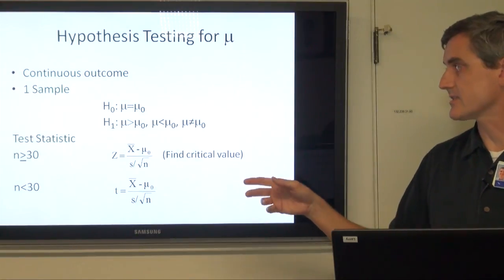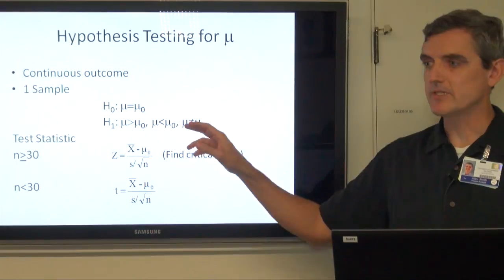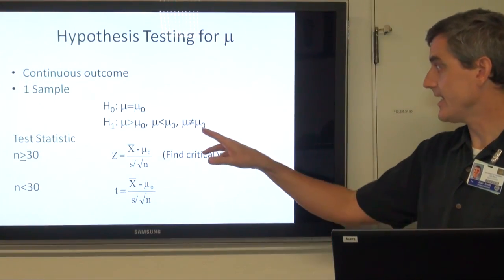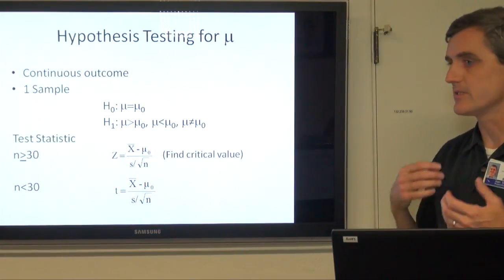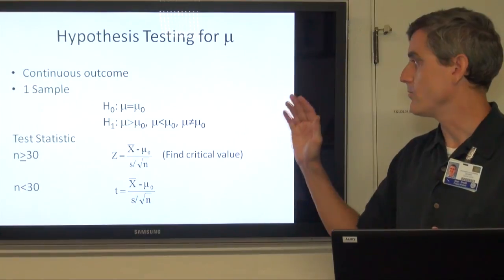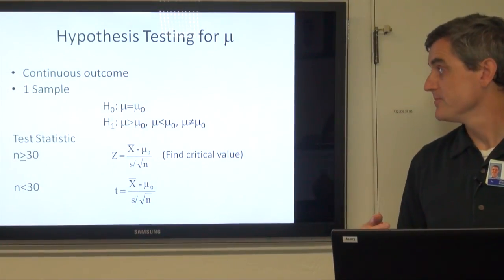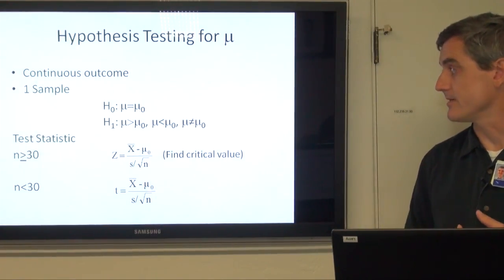The other, that it's less than it, and finally that it's different. These 2, where you're specifying direction, are called one-tailed tests. And this one, where you don't specify whether it's higher or lower, is known as the two-tailed test. Usually, we actually just use the two-tailed test because it's more conservative and you're more confident in your outcomes.